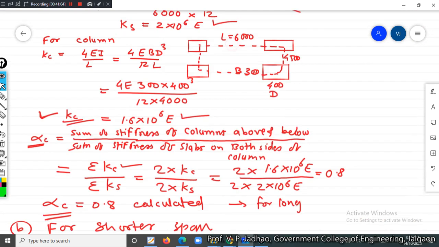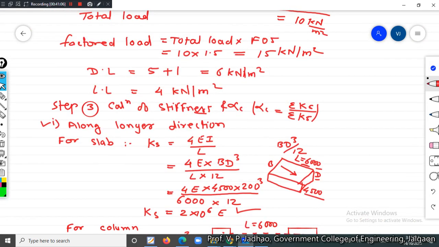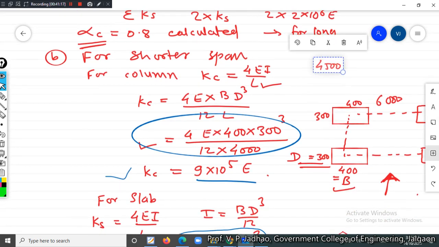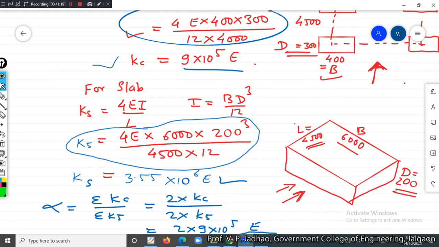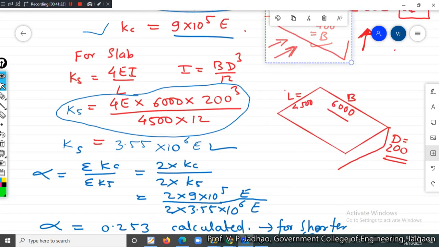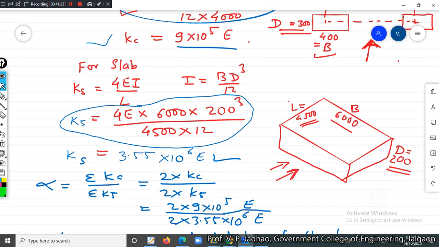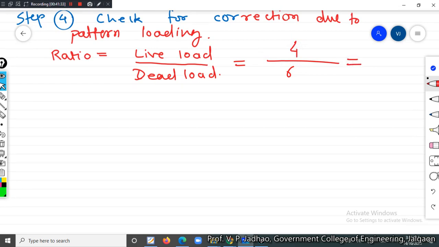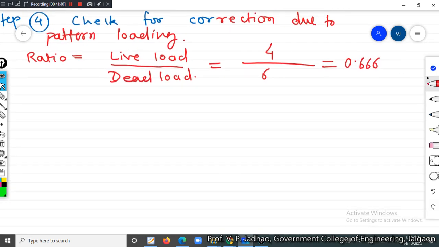The dead load is calculated as 6 kilonewton per meter square and the live load is calculated as 4 kilonewton per meter square. So put those values here: dead load is equal to 6 and live load is 4. So this ratio of live load upon dead load will be 0.666.